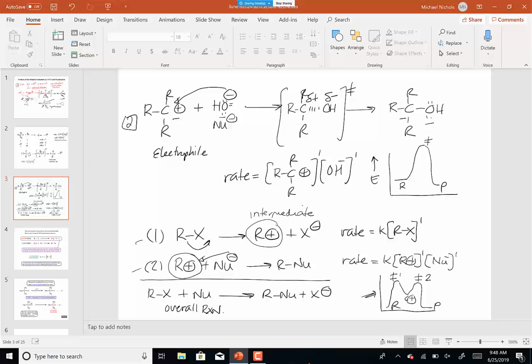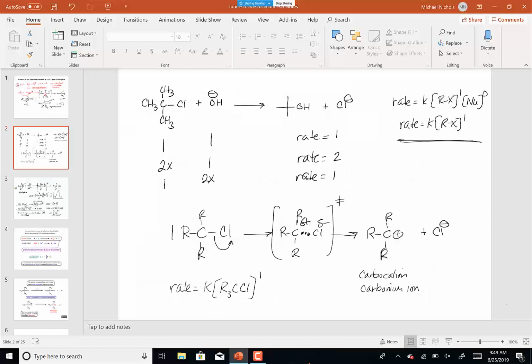Is it dependent on the concentration of the alkyl halide? Yes. What's it not dependent on? The concentration of the nucleophile.